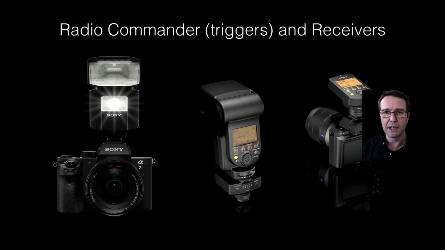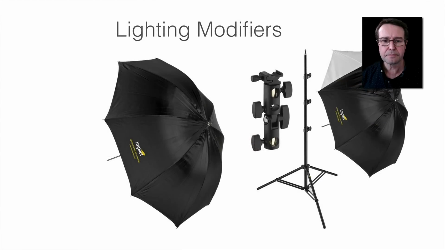And this is basically radio communication now between the camera and the flash that we're using. Now, I typically don't like harsh light sources when dealing with portraiture, as we've looked at in this tutorial already.